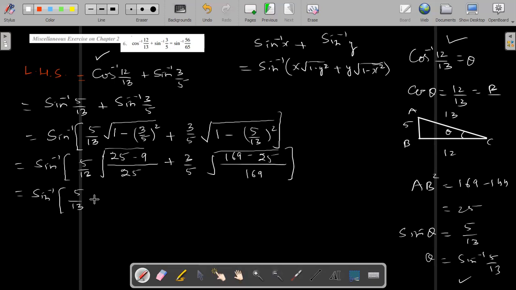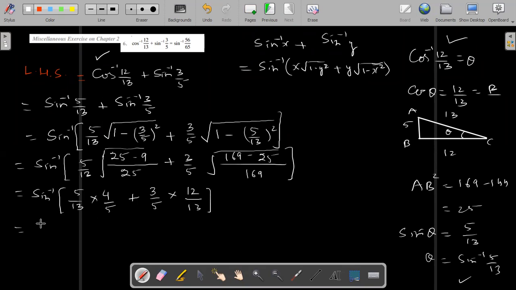And the square root of 16 is 4 and the square root of 25 is 5, plus 3 by 5 into 169 minus 25, 144, and square root of 144 is 12, and square root of 169 is 13.